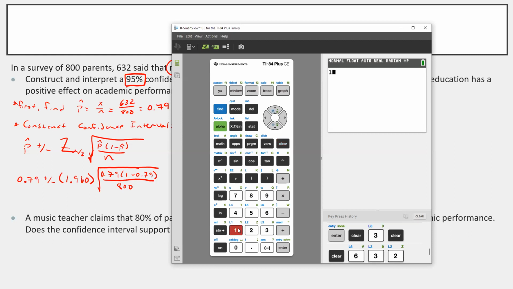So we're going to go 1.960 times, now I have to do the square root of all of this. So second function square root. Now, if you have a TI-83, it's going to open up a set of parentheses here. Just make sure if you have a TI-83, the last thing you do is close the parentheses. So this is 0.79 times 1 minus 0.79. I had to put that in parentheses. Divided by 800.